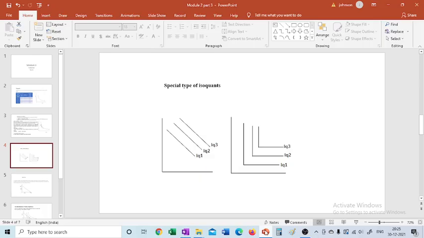So there is zero substitutability. That is the implication of right angled isoquants. So these are the two special types of isoquants: downward sloping straight line and right angled. If it is a downward sloping straight line, there is perfect substitutability, and a right angled isoquant means there is zero substitutability.